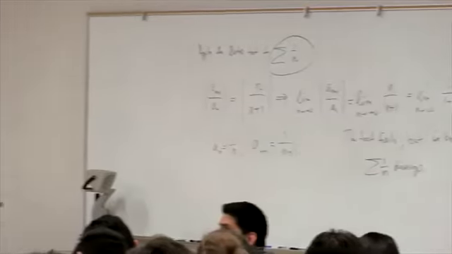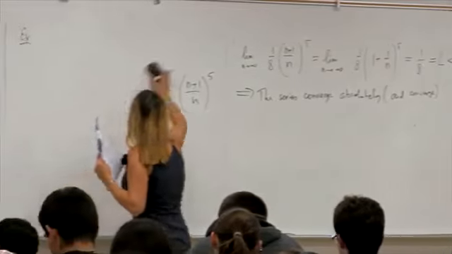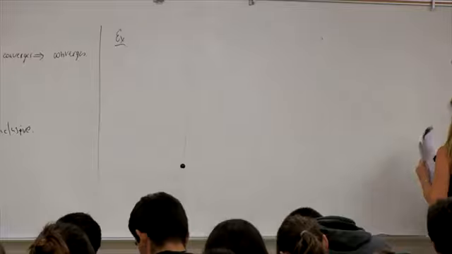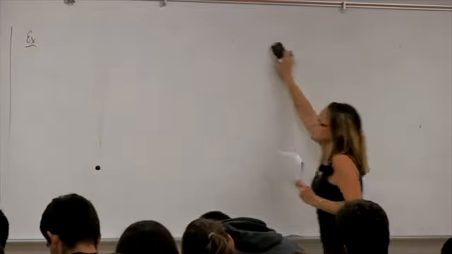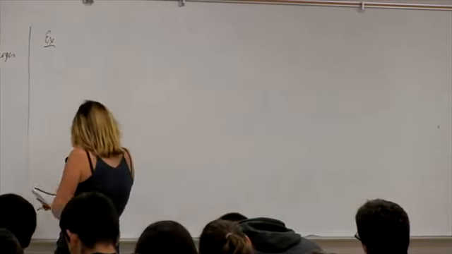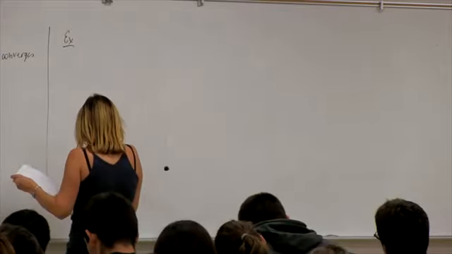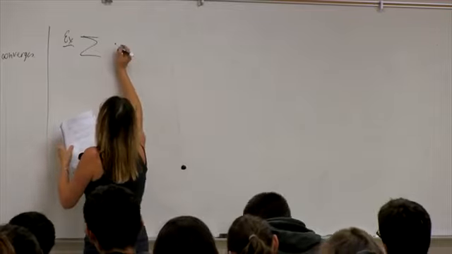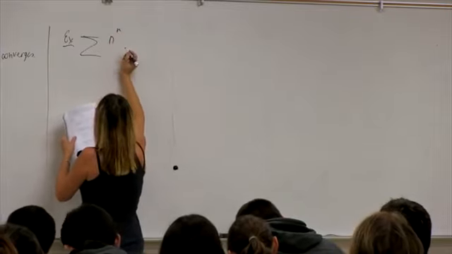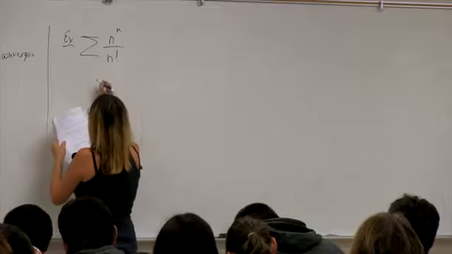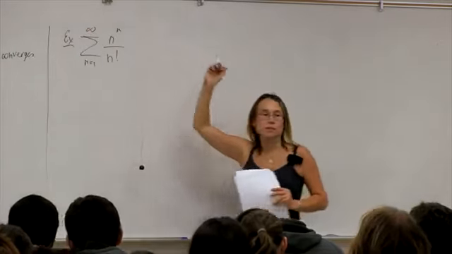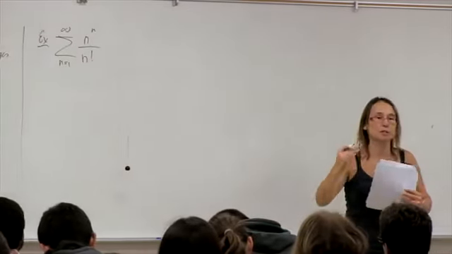The last example of the ratio test is as follows. So let's consider the sequence n to the n over n factorial. By the way, when we have powers and factorials, the ratio test is good because things are going to cancel.